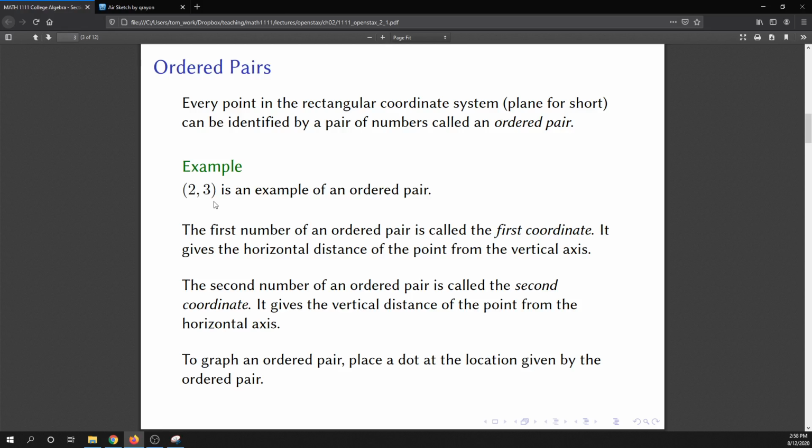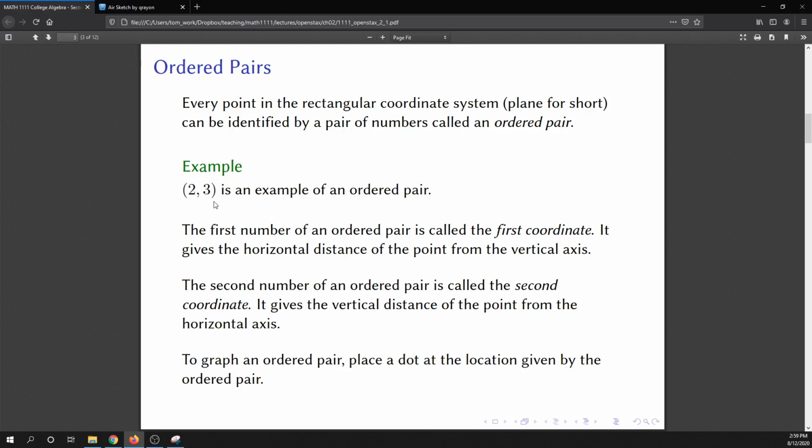That looks a little bit like interval notation, so you do have to make sure that you keep the context. If we're talking about points in the rectangular coordinate system or the plane, then that probably represents an ordered pair. And if we're talking about solutions to inequalities, then that's probably interval notation.